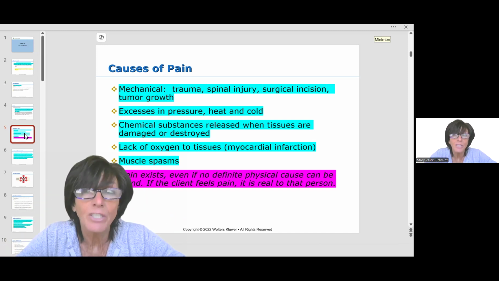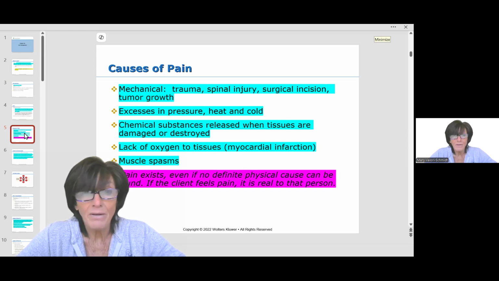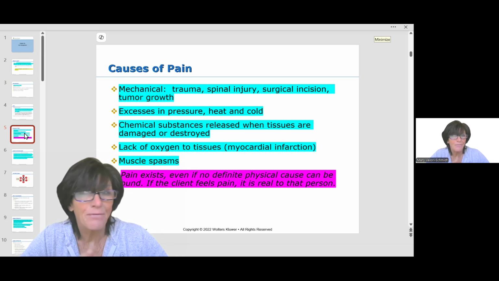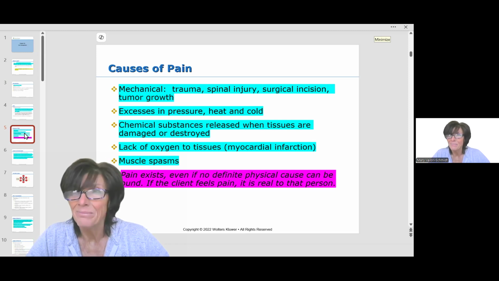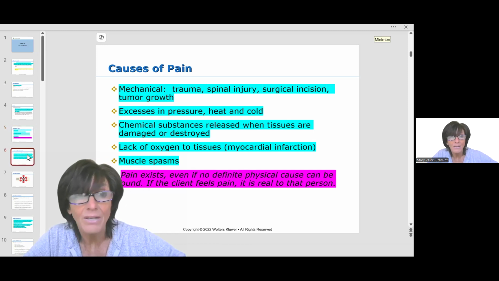Lack of oxygen to tissues, like a heart attack, an MI, myocardial infarction, is painful. Muscle spasms are painful. Even if we can't find the exact and definitive cause of pain, it doesn't mean that they don't have pain. The pain is real to that patient. And sometimes we can't find a reason.